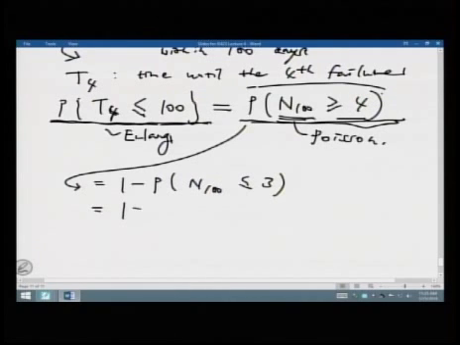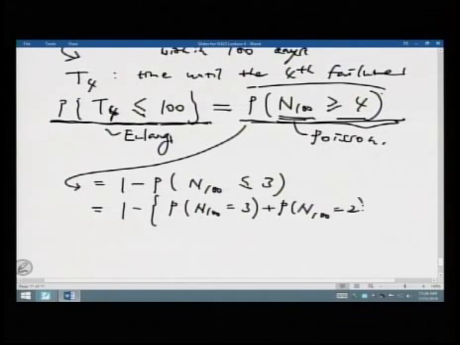It's going to be 1 minus the probability N sub 100 equal to 3, N sub 100 equal to 2, N sub 100 equal to 1, plus N sub 100 equal to 0. Okay?